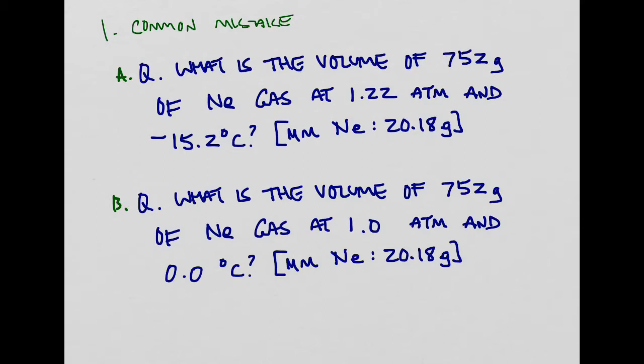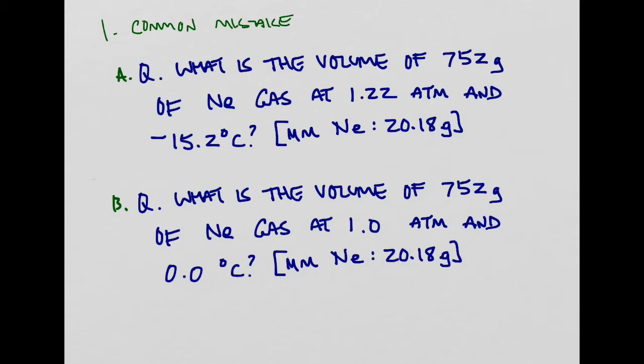So if you looked at B, the first thing that should trigger in your mind when you see 1 atmosphere and 0 degrees C is STP. And then it's totally fine. In fact, it's preferable that you go ahead and use the 22.4 liters per mole equivalency. It's vital because it makes it a heck of a lot more efficient for you to approach this problem in that way.